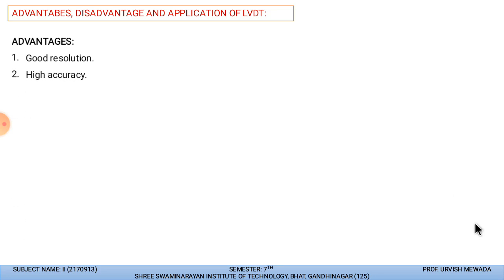Then high accuracy, as we can precisely move the core position, so that we can have good accuracy. And the linearity of the transfer characteristics is better than 0.25%. So it is very viable to use this device to find out the displacement of any object.